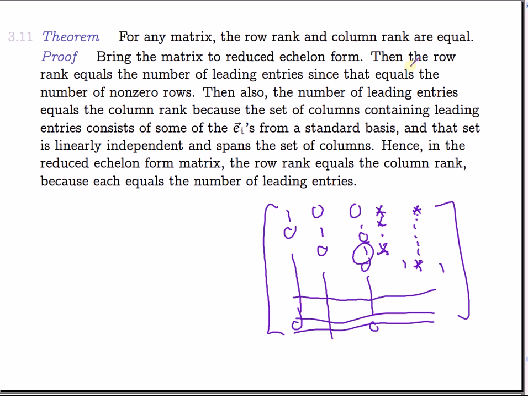Now, we know the row rank is equal to the number of leading entries, because that's the number of non-zero rows. We know that the rows that are non-zero in a reduced echelon form form a basis for the row space.